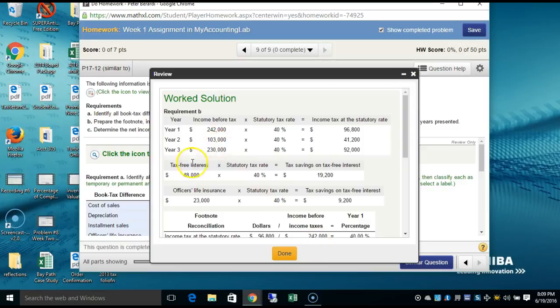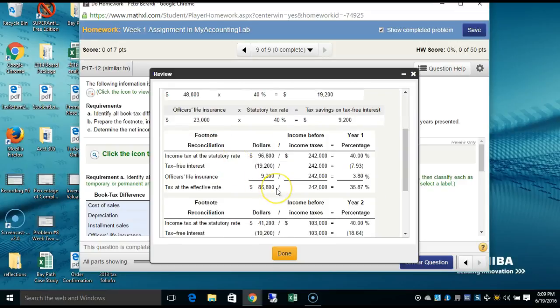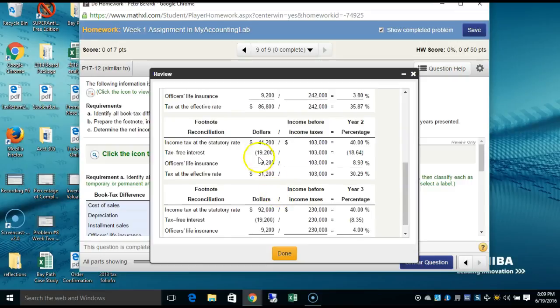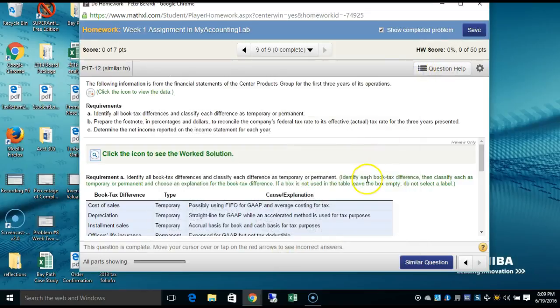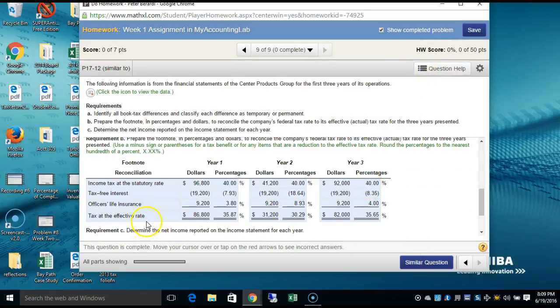You're going to do the same for year 2 and 3. You're going to use 103,000 as your base and 230,000 as your base for year 3, as they show you here. So as a percent of revenue, that's what they're looking for. And so your effective tax rate is lower than your statutory tax rate.